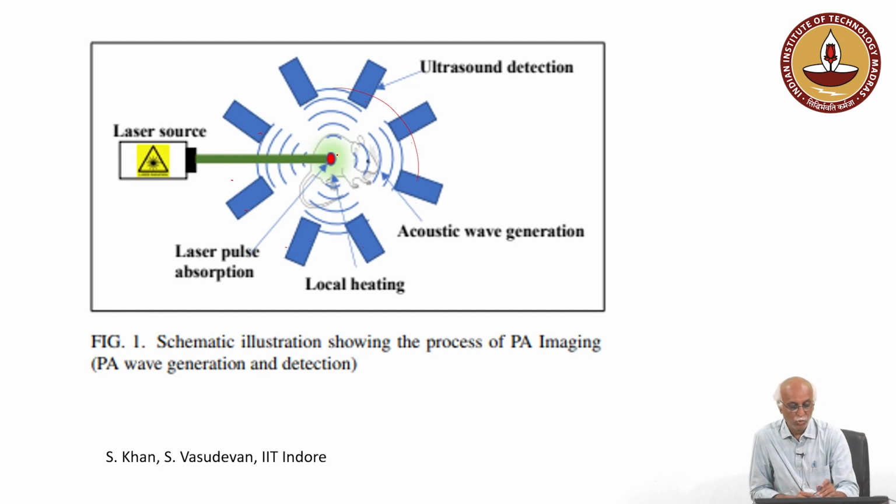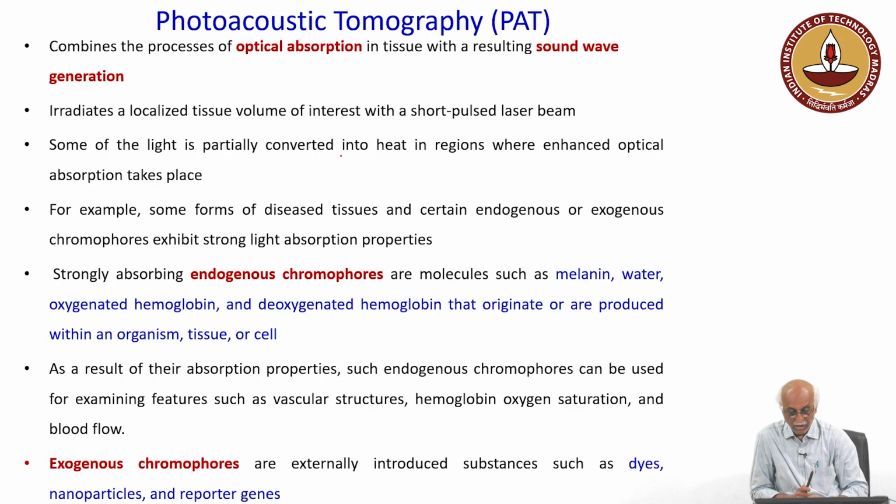So, it is basically local heating that generates the acoustic wave, and those acoustic waves are captured. This is the way we can make use of such approaches to image some of those tissue characteristics.